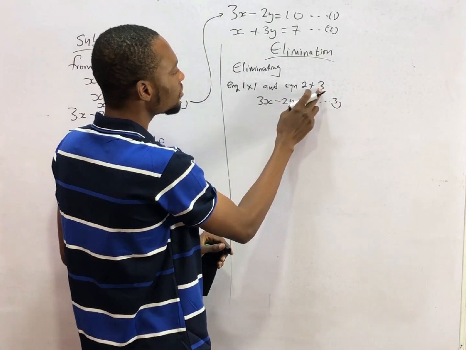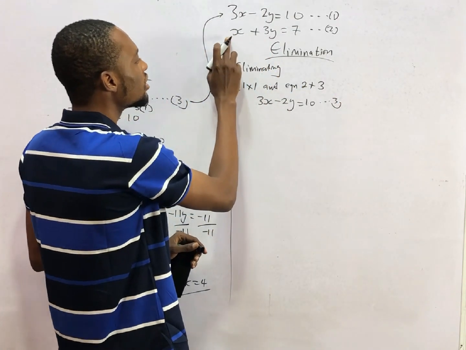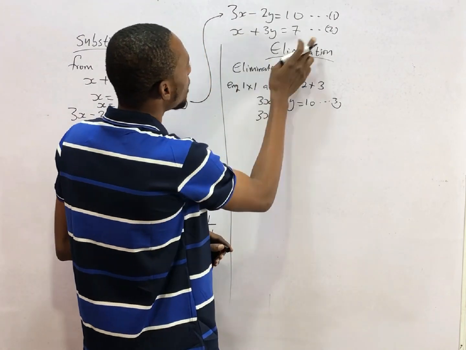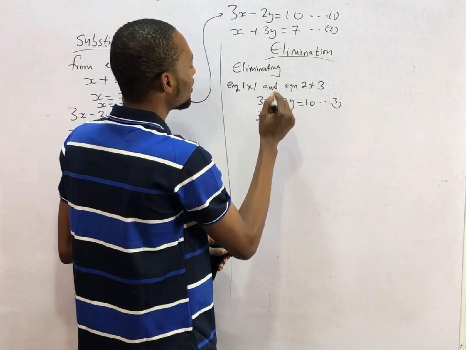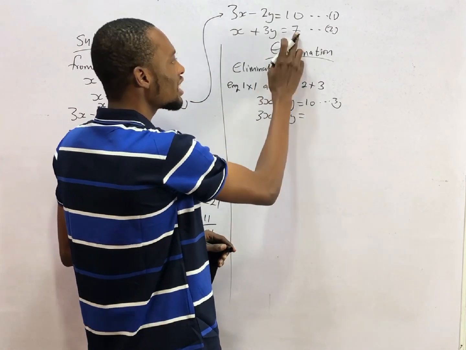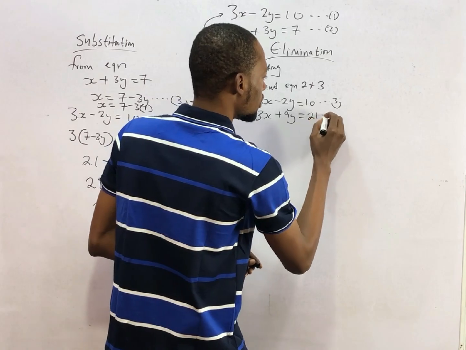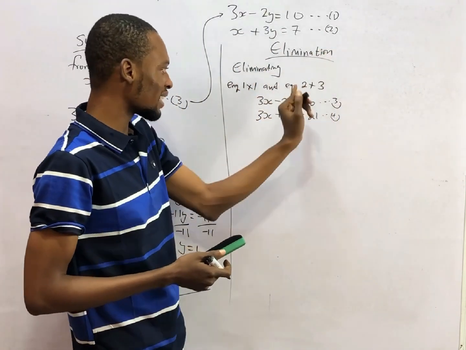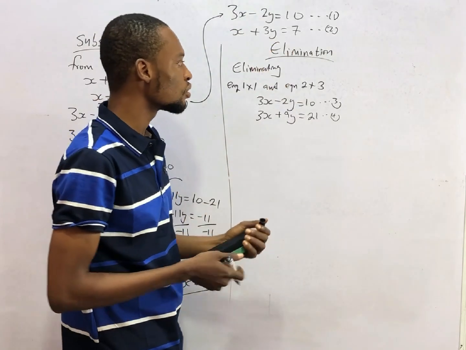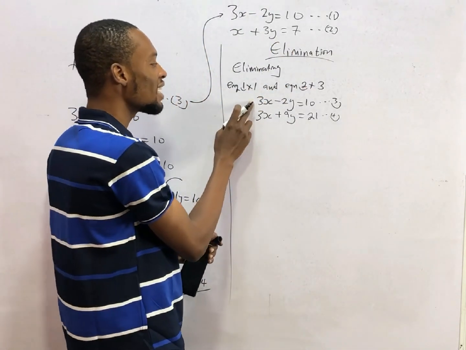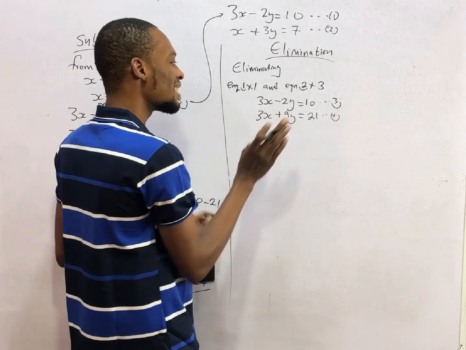If I use 3 to multiply equation 2, 3 times s is 3s, 3 times 3y is plus 9y equals 3 times 7 is 21. This is equation 4. So I use 1 to multiply equation 1 throughout, and I use 3 to multiply equation 2 throughout. What happens? You have 3s here, you have 3s here. So they are the same.